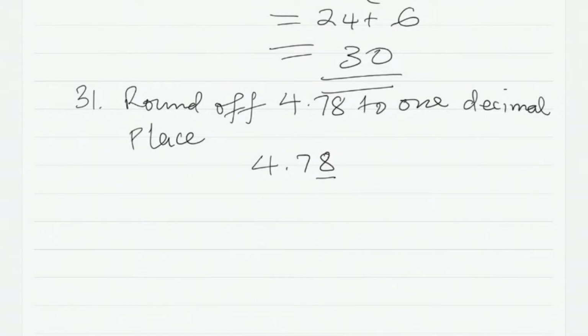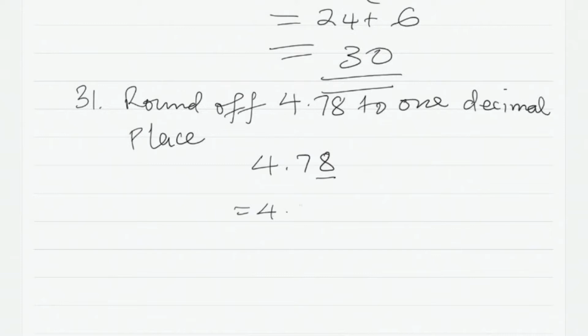When any number is above 5, we add 1 to the next number that follows to your left. So in this case, since 8 is above 5, we are going to add 1 to 7.